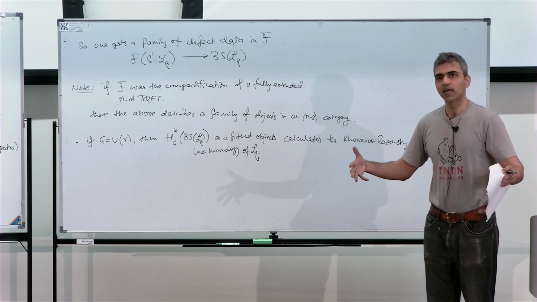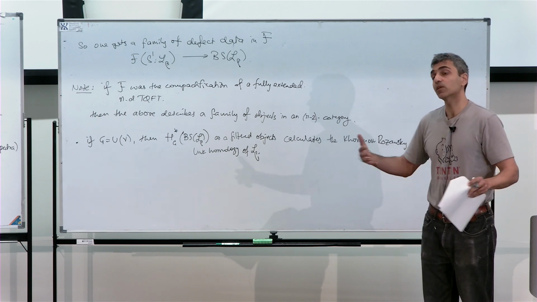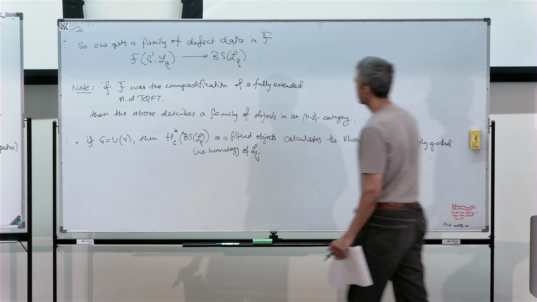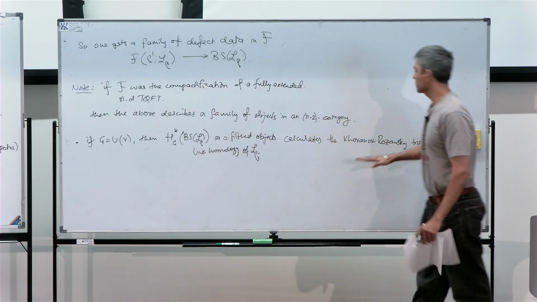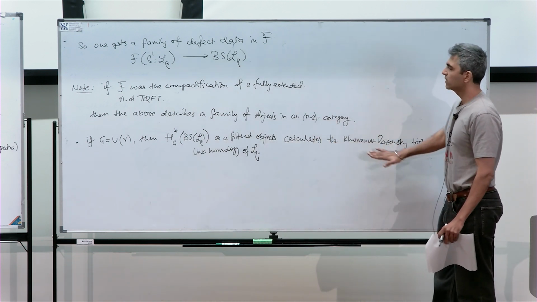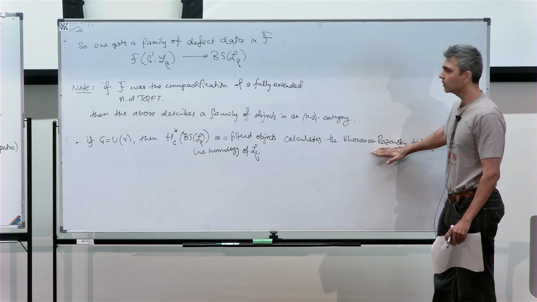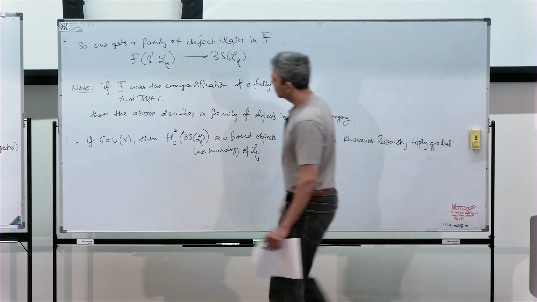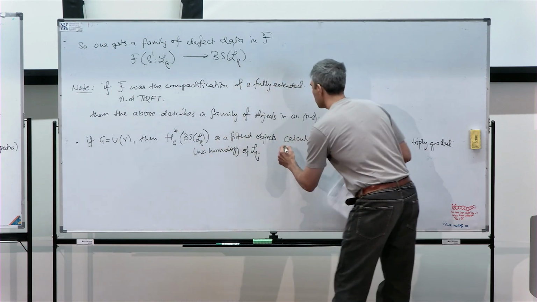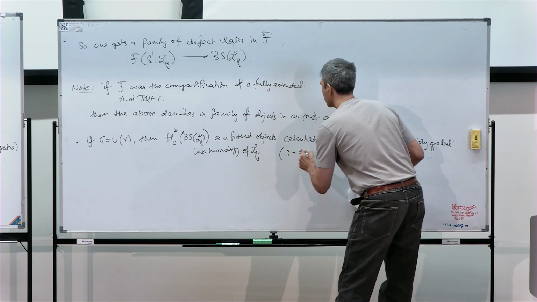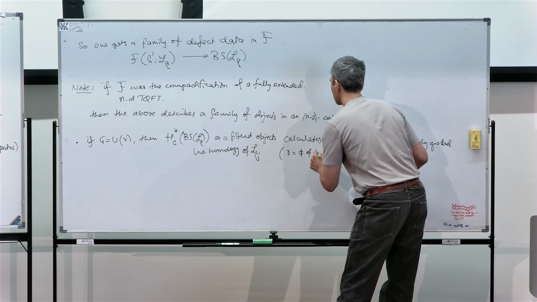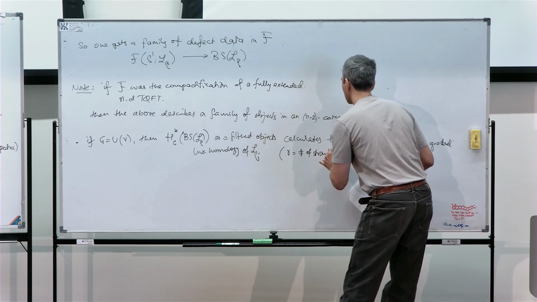That filtered object ends up having a third grading. And as such, it calculates the Khovanov-Rozansky triply graded link homology. So this is a categorification of the HOMFLY-PT polynomial, if you know what that is. Where here, what is R? R equals number of strands.